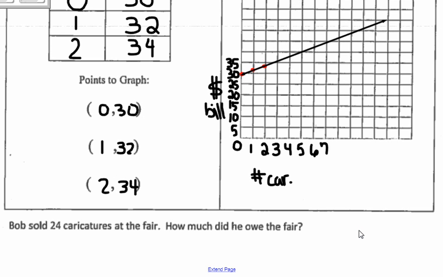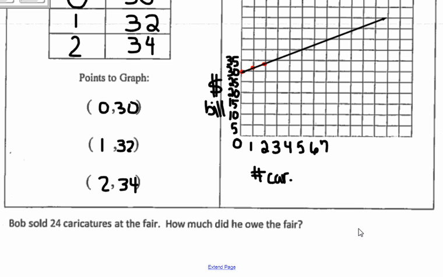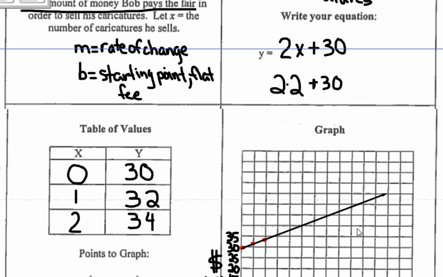Now we go down here, we have one more question. It says, Bob sold 24 caricatures at the fair. How much did he owe the fair? So we want to go ahead and take our equation that we wrote, which is right here, y equals 2x plus 30.